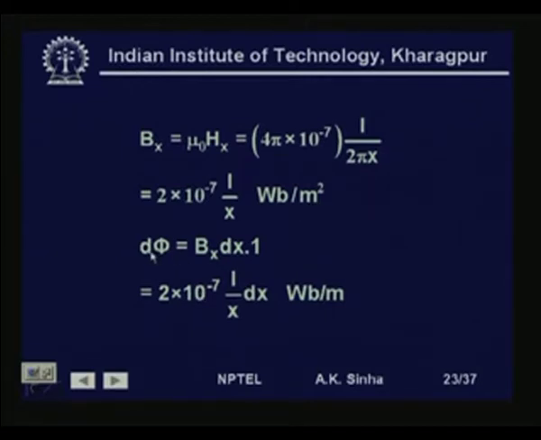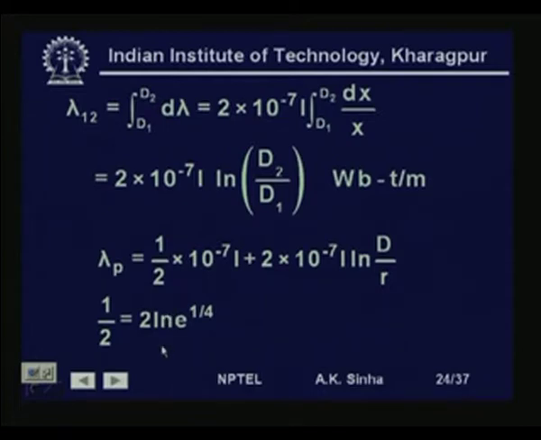Now, once again we take a small strip of 1 meter length and dx thickness, then the flux through this strip will be equal to Bx into dx into 1. Substituting the value, this comes out to be 2 into 10 to the power minus 7 I by x into dx Weber per meter.